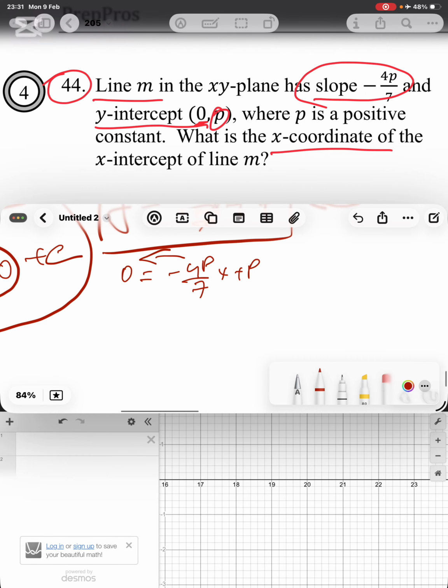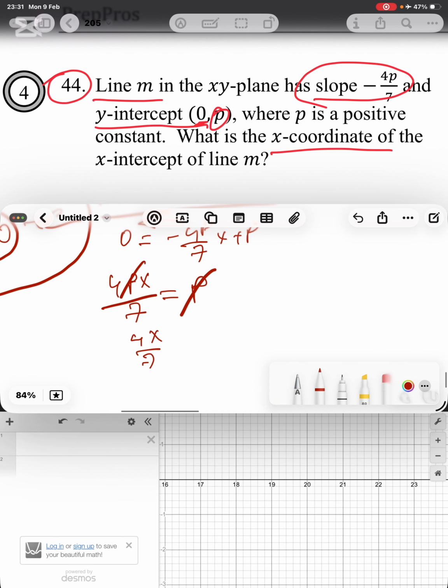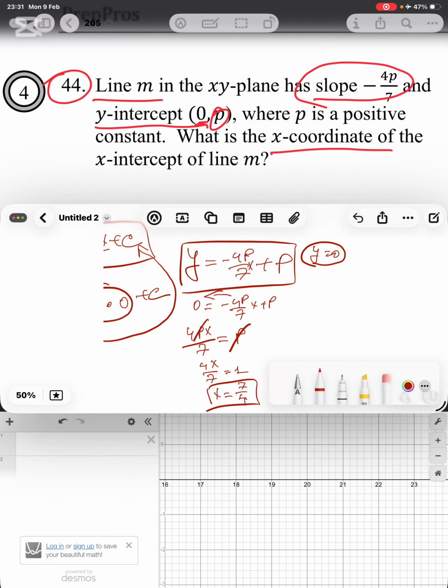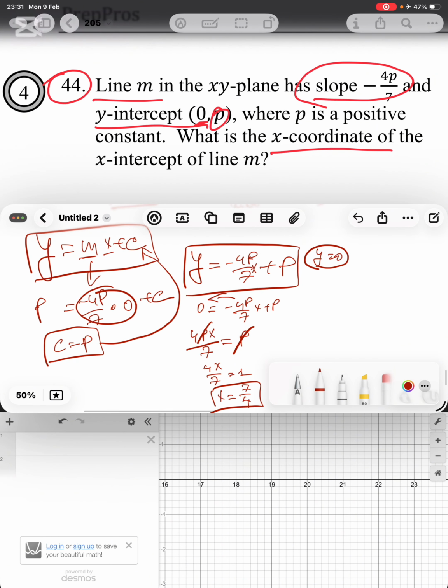And now let's turn this expression to the left hand side. Then we can just simply cancel these p expressions. 4x divided by 7 equals 1. Now the value of x is going to be 7 divided by 4. Yeah, it may be a little bit difficult, but you should be ready to work out this kind of question when you are working with SAT.